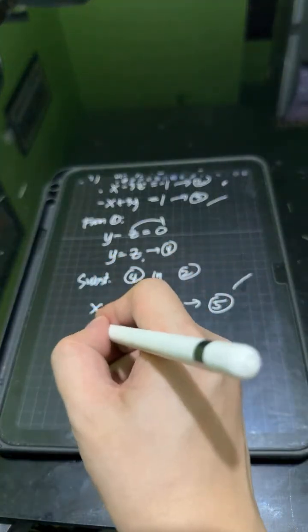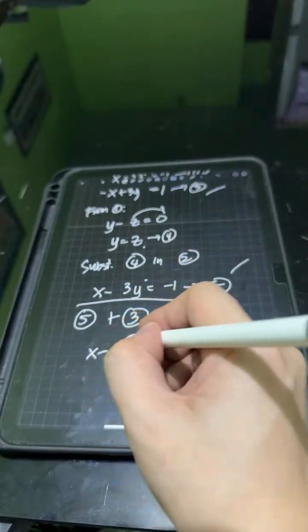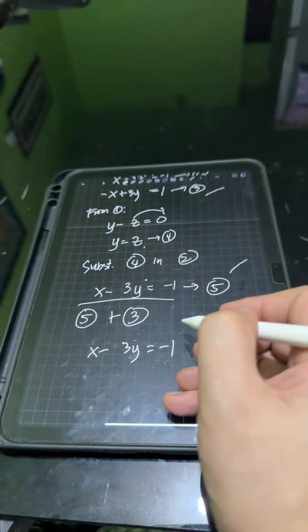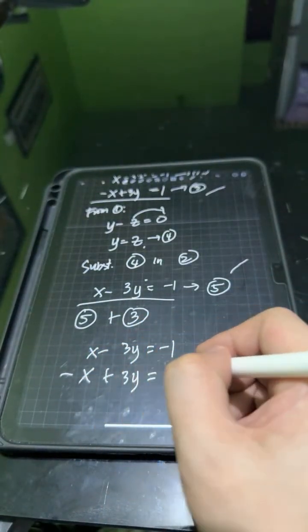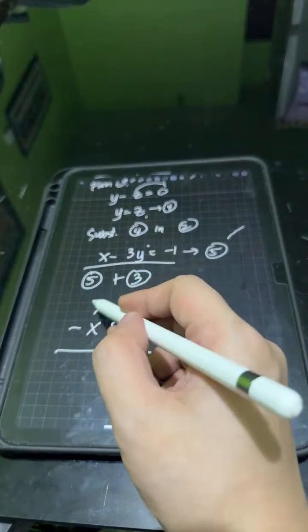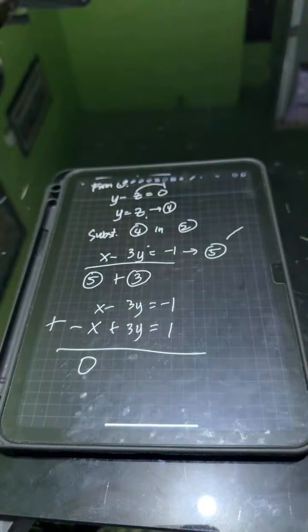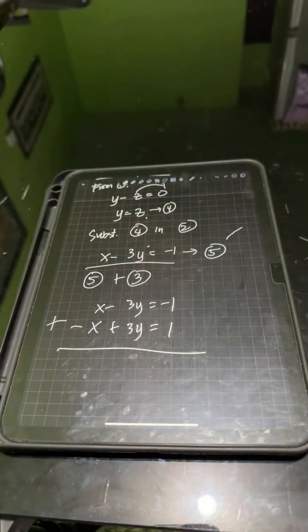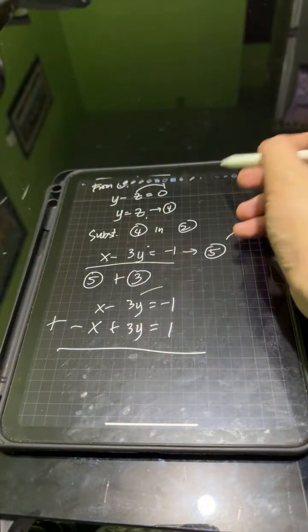Okay, if we add equation 5 plus 3, so this is equation 5: x minus 3y equals negative 1. And equation 3 is negative x plus 3y equals 1. So we can eliminate x, right? So x plus negative x, that's 0. So x is already eliminated. Negative 3y plus 3y, also 0, right?